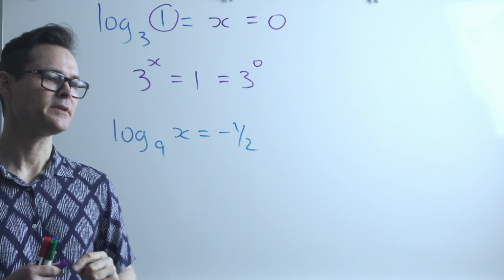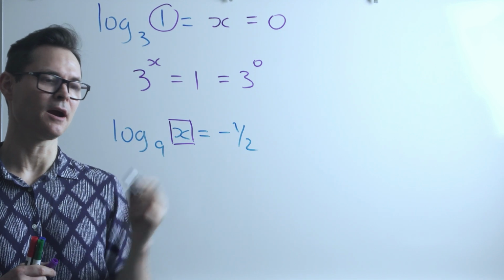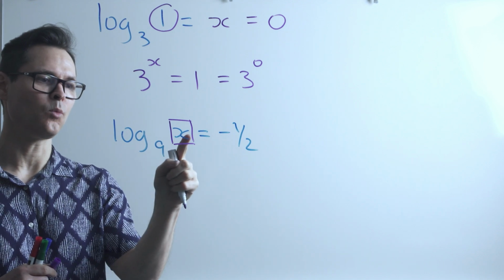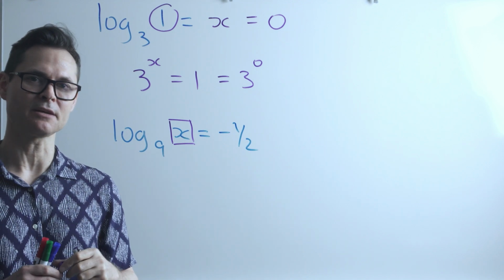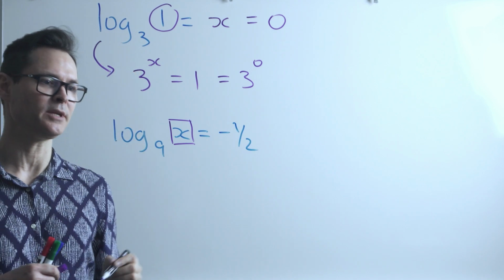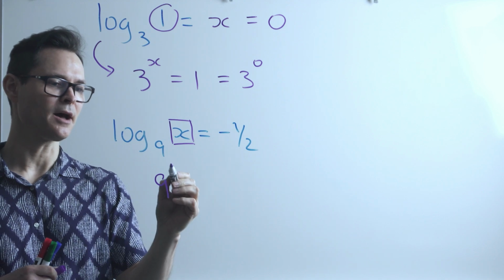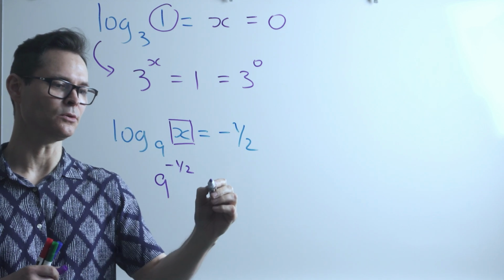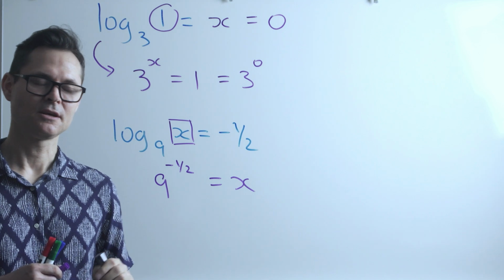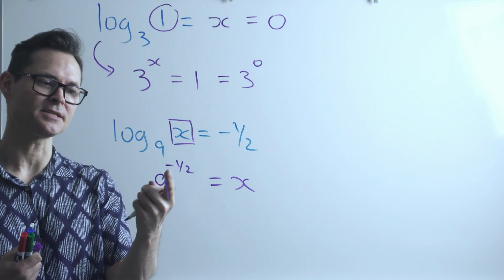For here, this is a slightly different one. Notice now the question mark is on the argument. So the log of what, base 9, produces negative a half? Let's use this rewriting in exponential form like we did previously. So the base is 9, so 9 to the negative 1 over 2 equals x. Well, the half is like a square root, except this is negative.